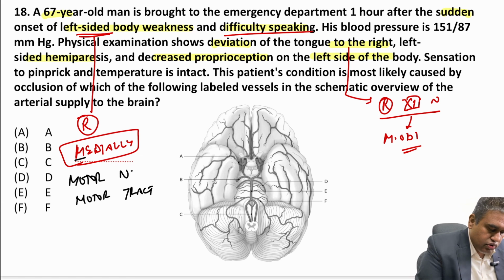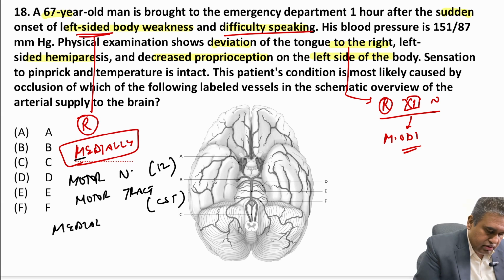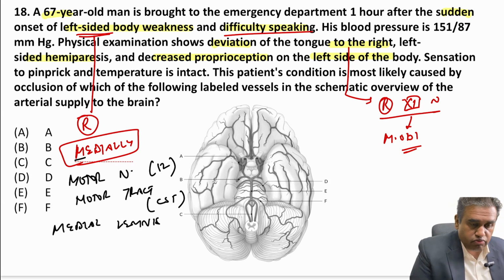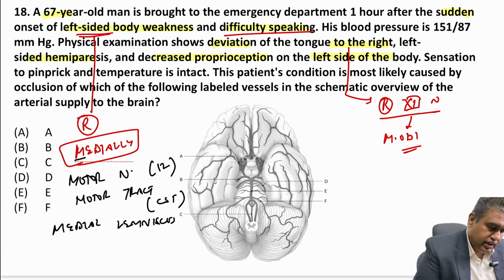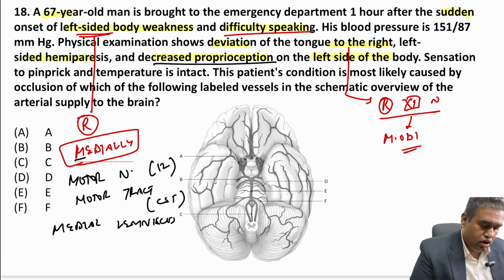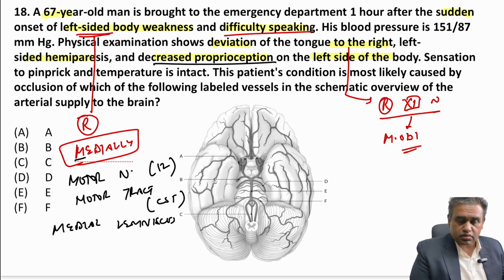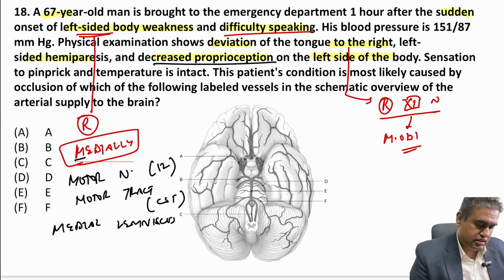The 12th nerve is a motor nerve, and for the motor tract, we have the corticospinal tract. We also have the medial lemniscus, which basically takes our vibration and proprioception. There you can see decreased proprioception as well. So it's all a medial problem. You have the motor nerve, the motor tracts, the medial lemniscus. They are all lying on the medial aspect.